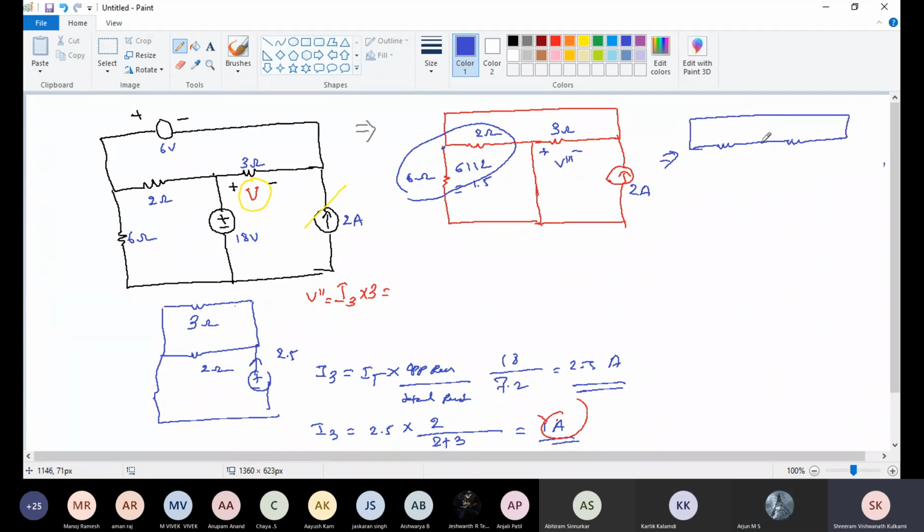See here, in between these two, a current source is there. These two are parallel. This is 2 ohm, this is 3 ohm, this is 2 ampere.